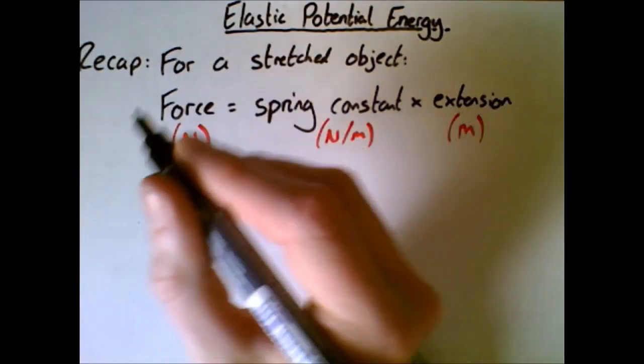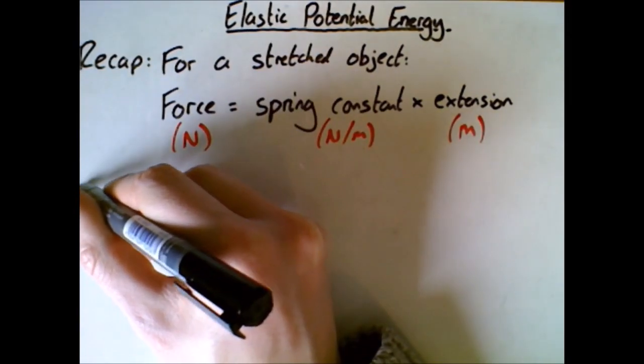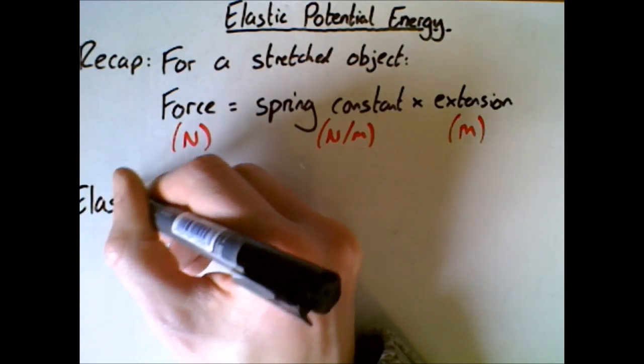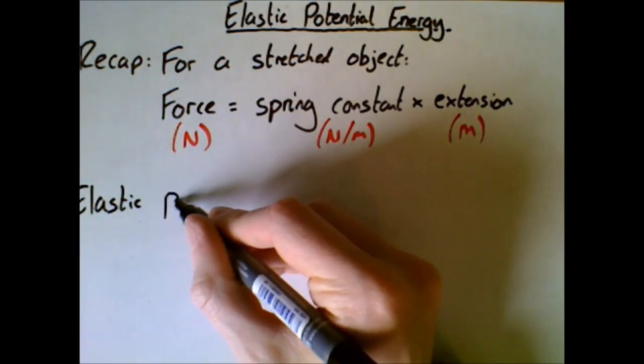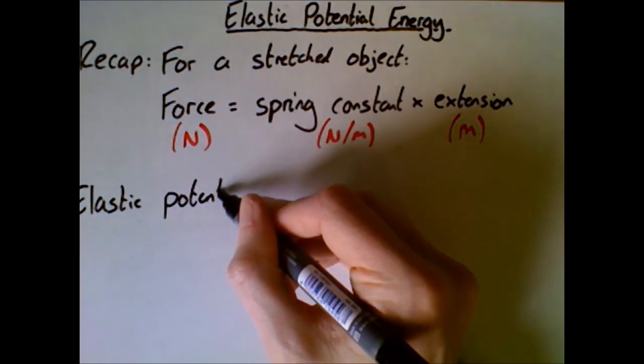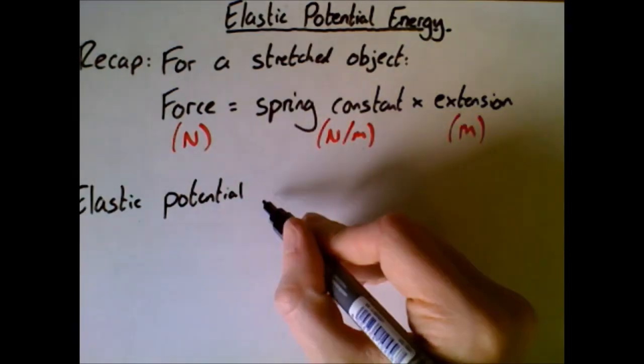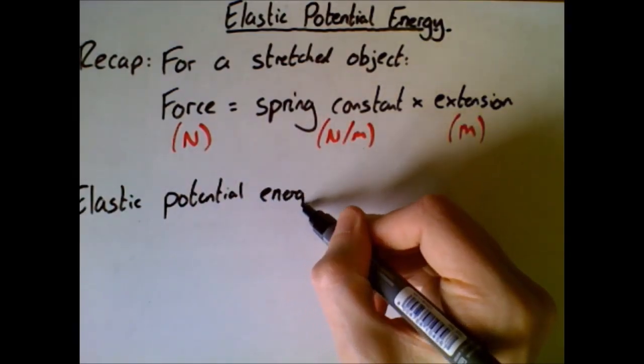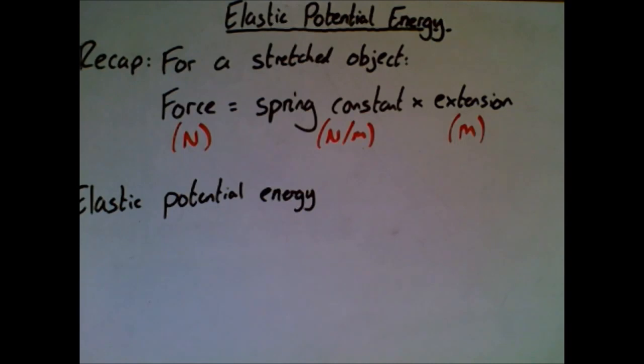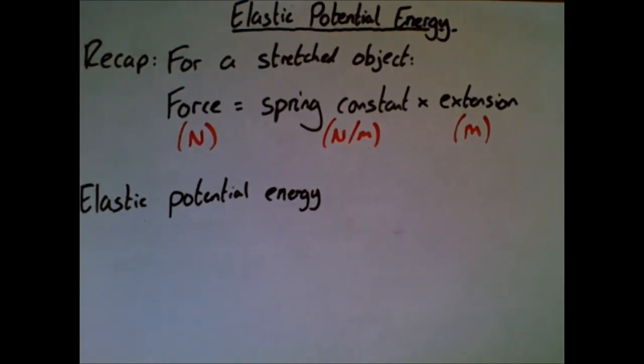Now, going back then to what our title is, elastic potential energy, and thinking about a definition for it first of all. If we think about this idea that we've just written down about a force, if you are applying a force to a spring, a force is being applied, it's stretching the spring, that means work is being done. And as you remember, work done means energy transferred by a force. So energy, therefore, must be being transferred. And so where's that energy going?